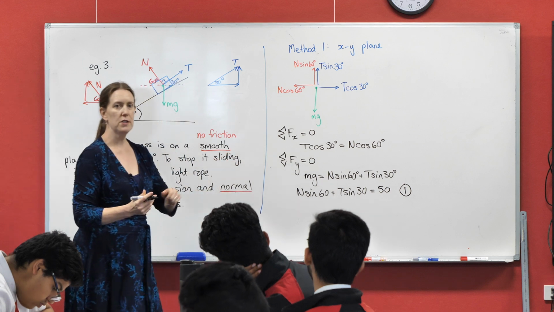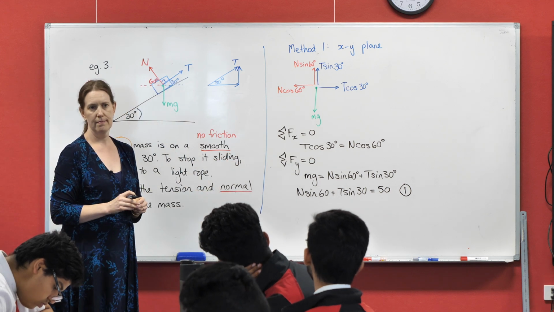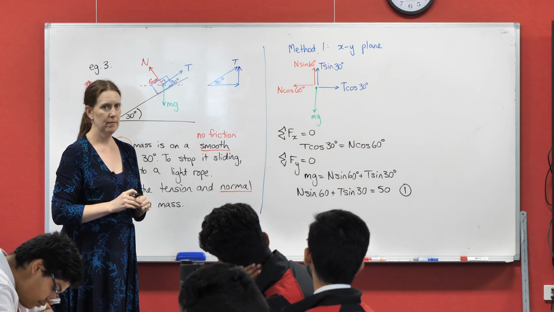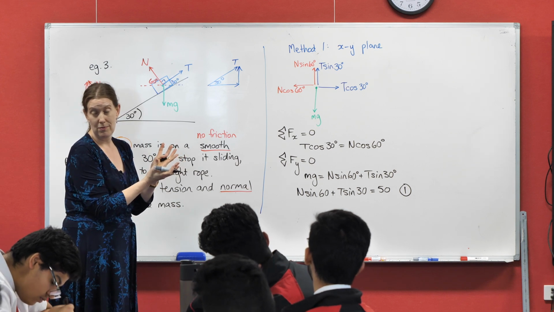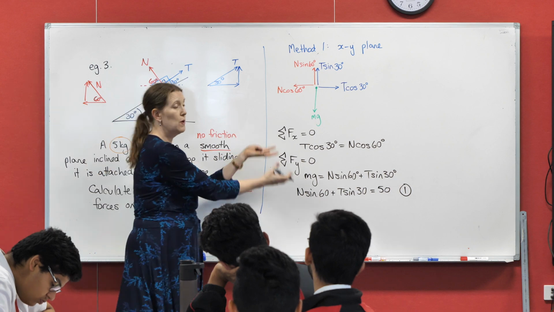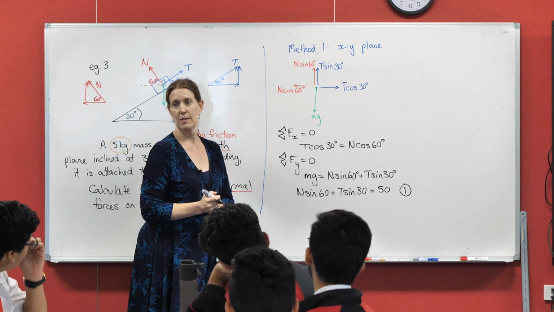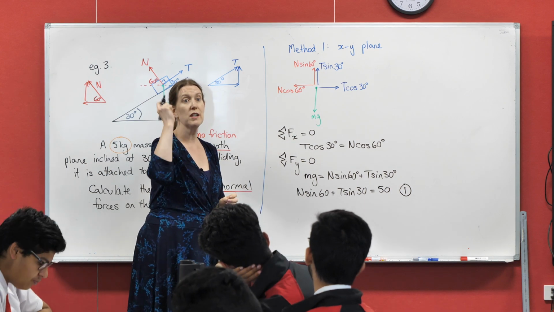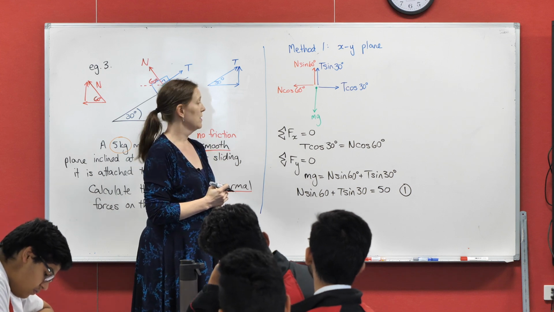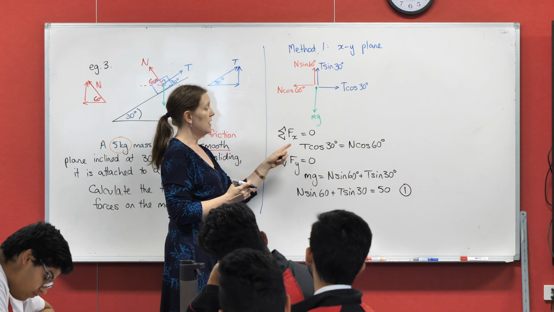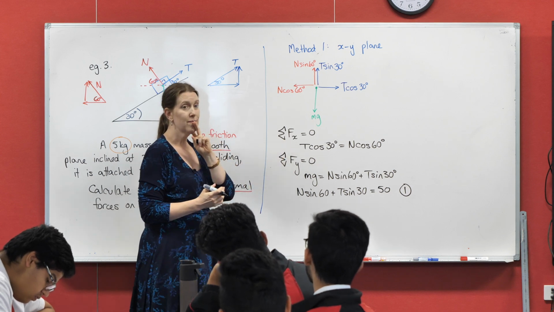I'm not going to use this as equation 2, because there's no sines. Do you agree? What am I going to do? How can I resolve this? Change the subject. Which one would you like to change it to? T sine 30? How would I change it to T sine 30?